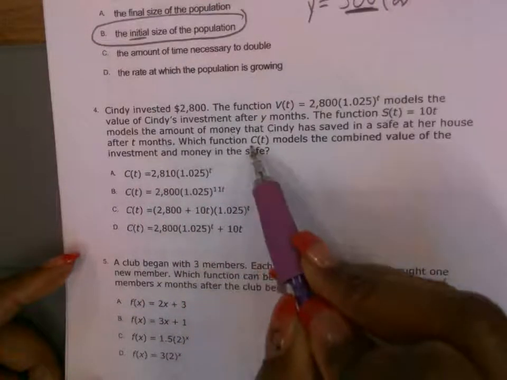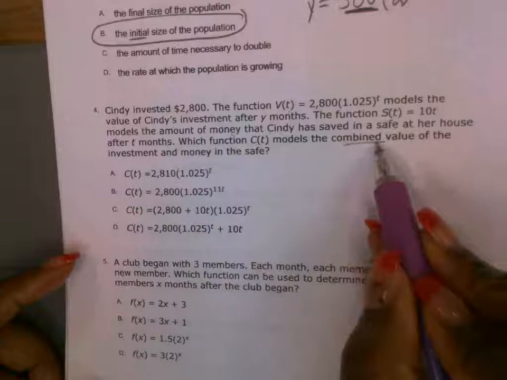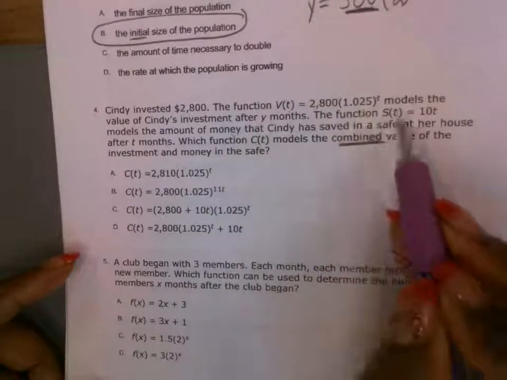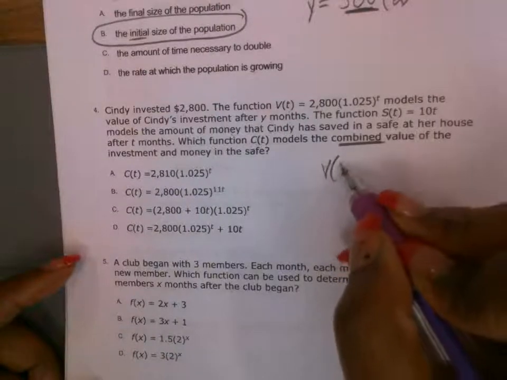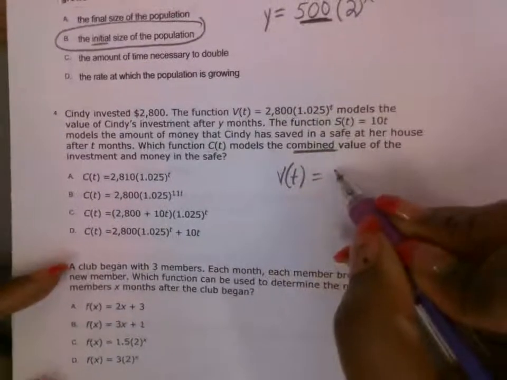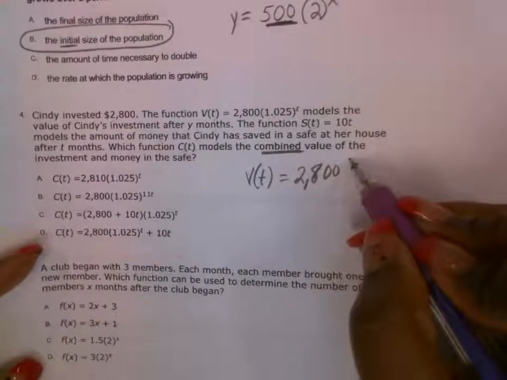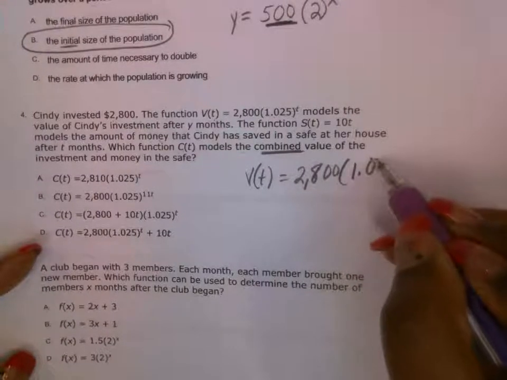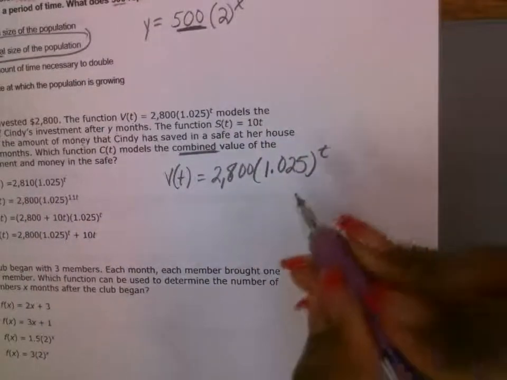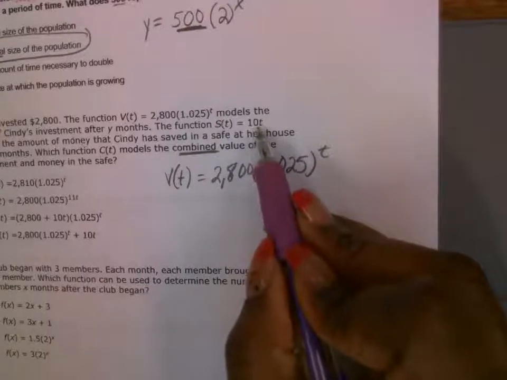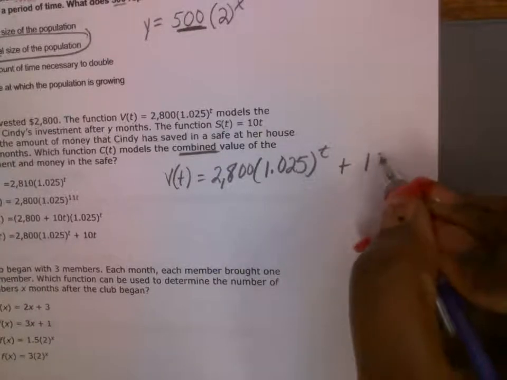Which function, c of t, models the combined value? So we're combining. All we're doing is adding these two functions together. So we've got v of t, or y, is equal to 2,800 times 1.25 to the t power, and we're going to add to it plus 10t.